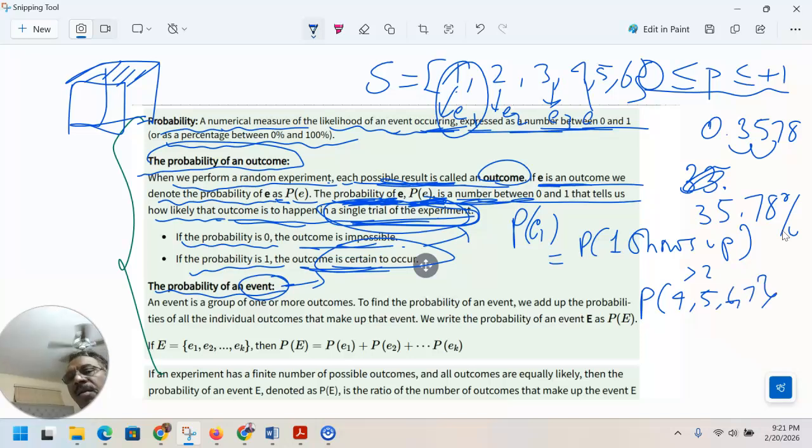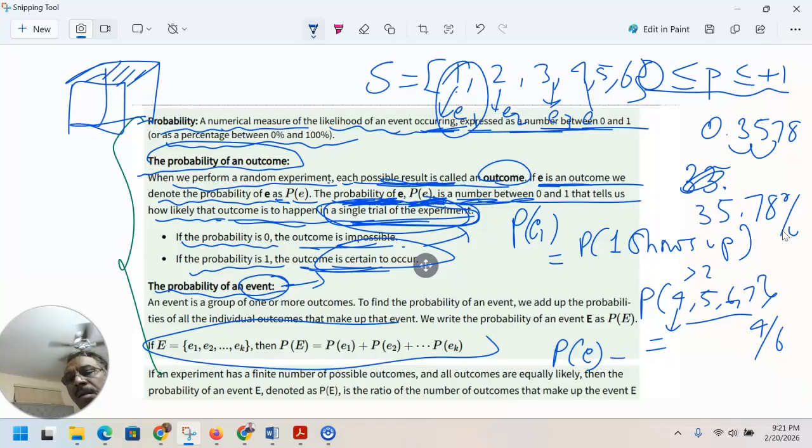Even though we know that it is 4 out of 6, what does this basically mean? The probability of getting a number greater than 3 is the probability of 4 plus the probability of 5 plus the probability of 6.